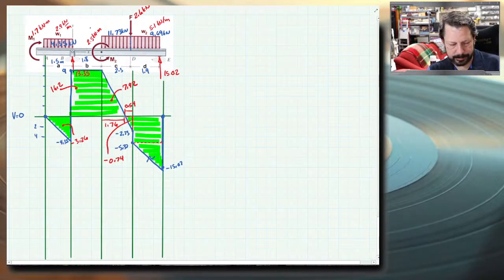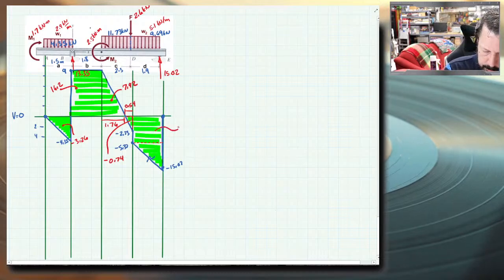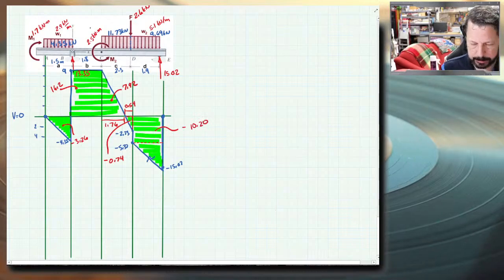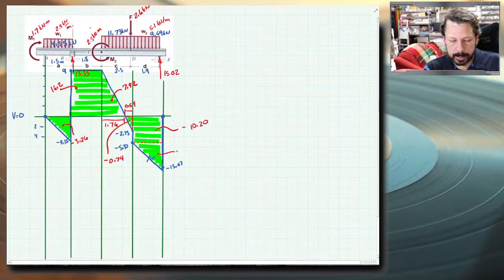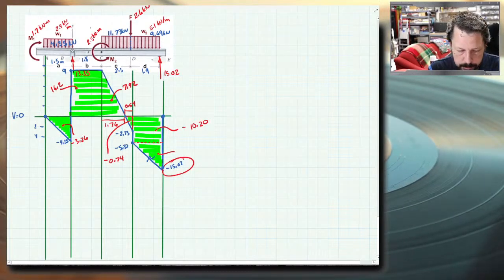Pretty sure that's negative 5.37 times 1.9. So negative 10.20 we'll say. And then the triangle, don't get confused on this one. The height of the triangle is not 15.07. Oh, that's a 2.